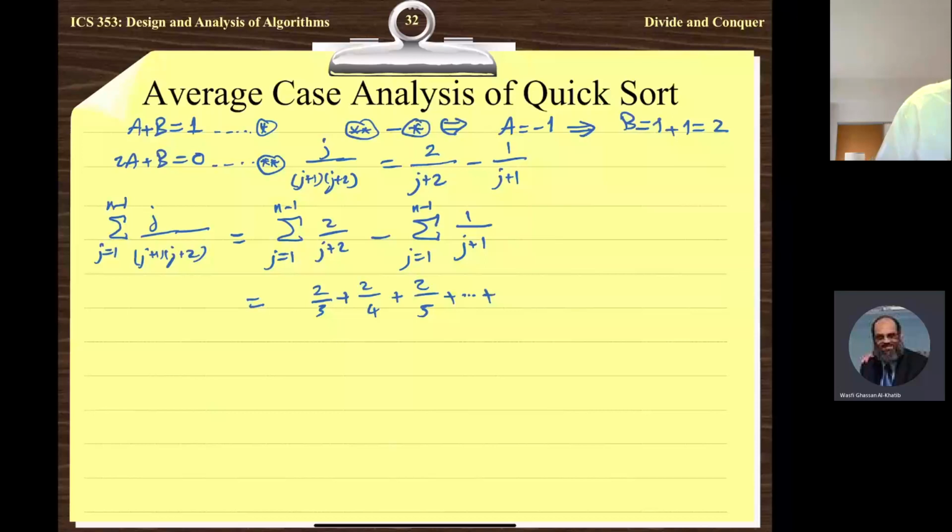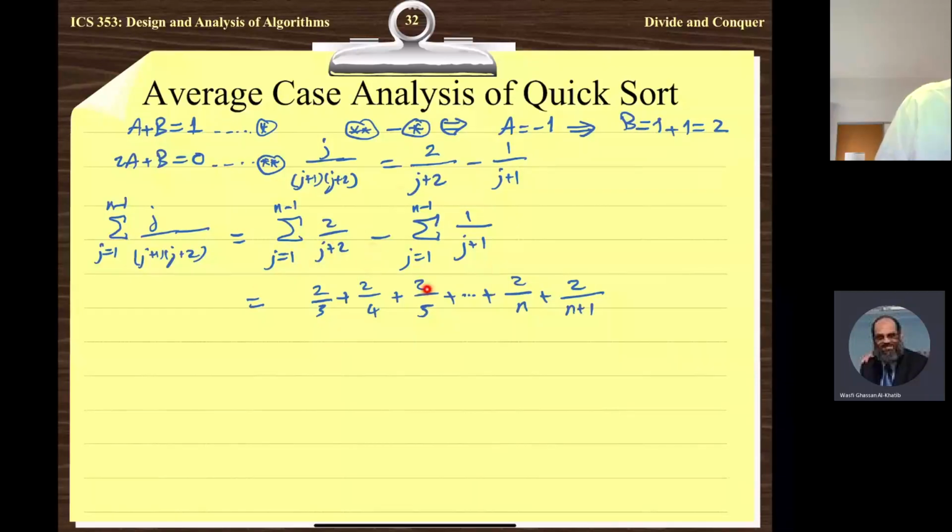The last one is 2 over n minus 1 plus 2. So what is n minus 1 plus 2? It's n plus 1. So this means that the one before it is 2 over n, right? Fine. So this is the first summation.